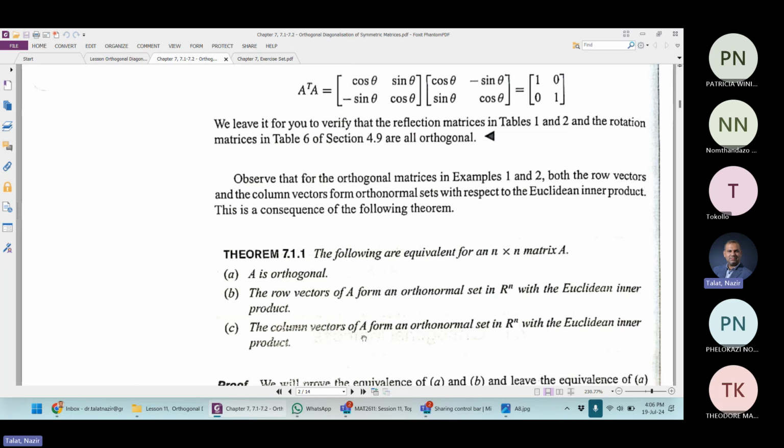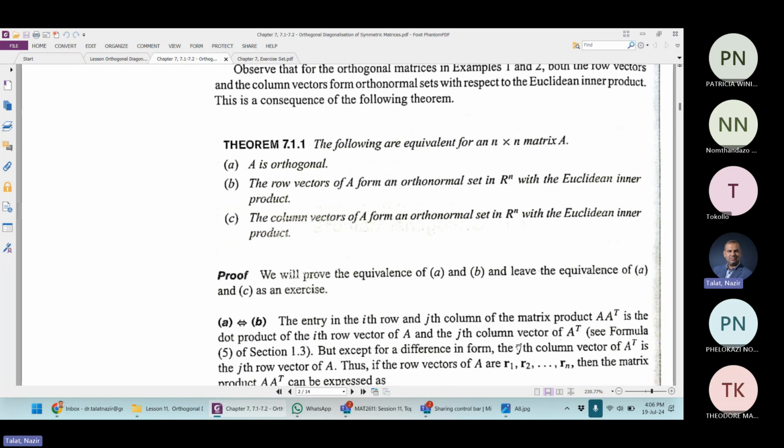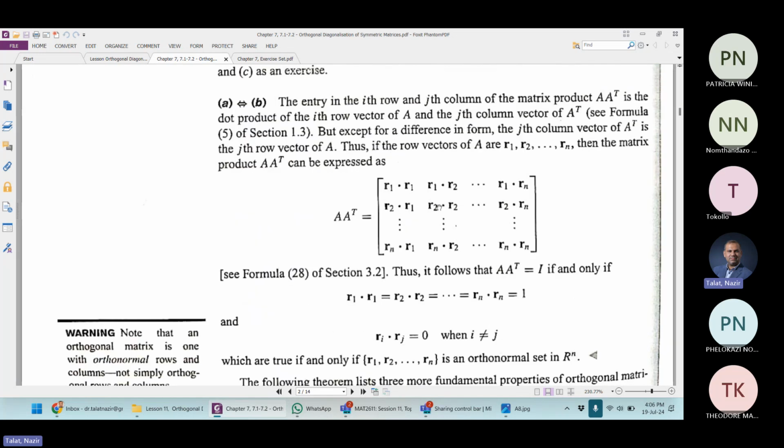Similarly, the column vectors of A form an orthonormal set in Rn under the Euclidean inner product. Whenever you multiply A with A transpose, R1 multiplies with R1, and similarly R2 with R2 on the diagonal entries, while in the remaining entries, R1 multiplies with R2, and the product is equal to 0.